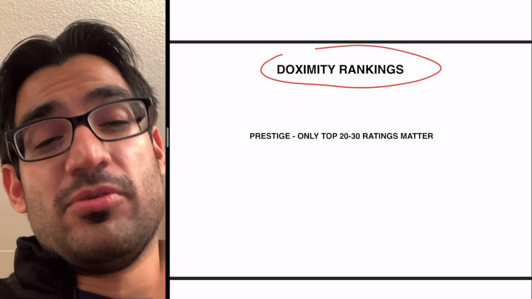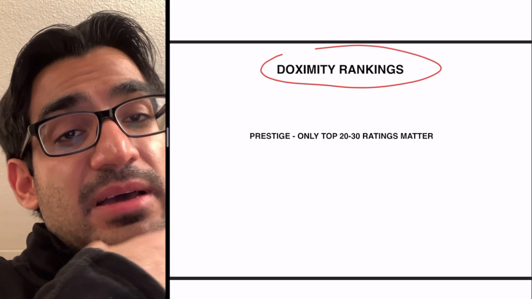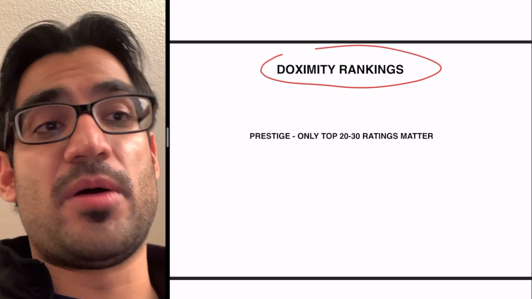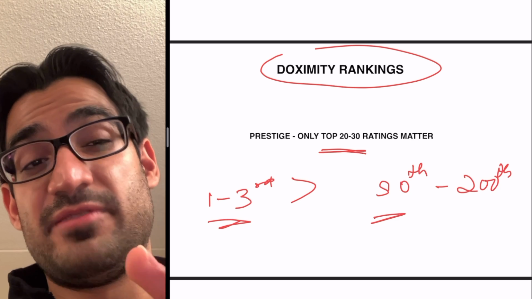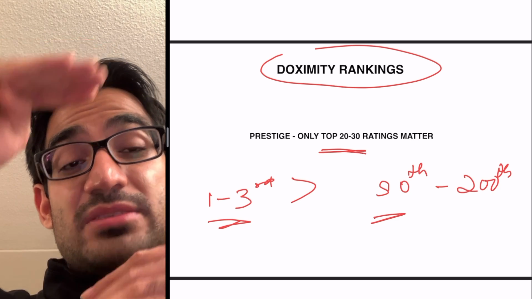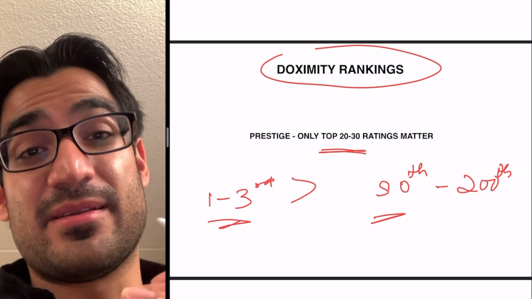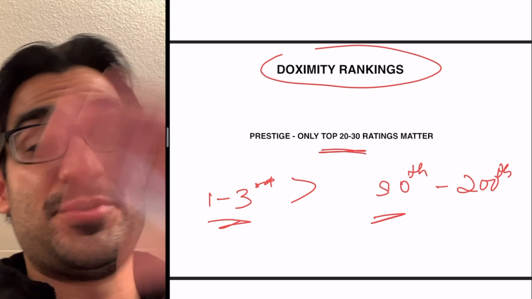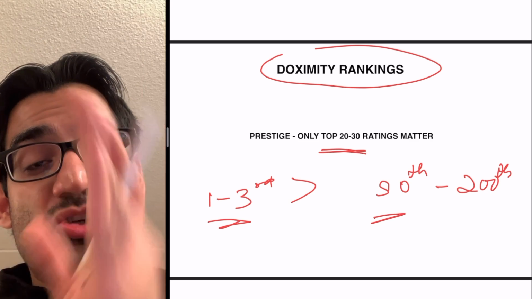The only time I would look at Doximity is if the program that I'm ranking comes in the top 20 to 30 ratings for the certain specialty, because the difference between the programs that are in the top 1st and the top 3rd position is often far more than the programs that are at ranking 50th and 200th.